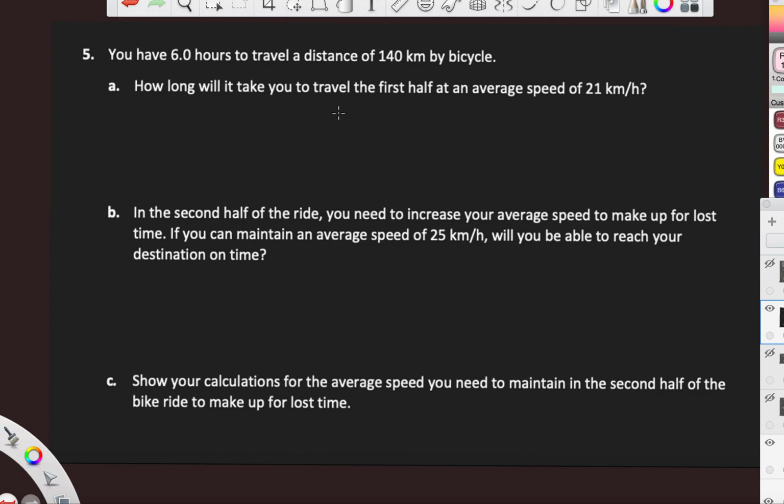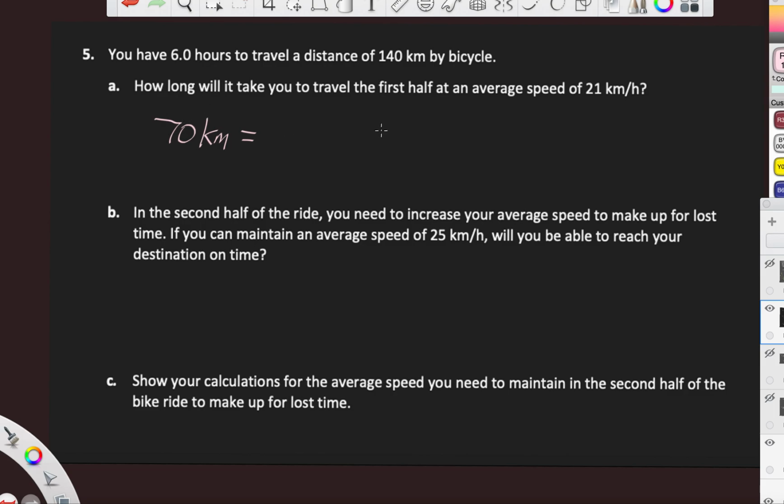So I sort of did this a little bit differently in class, and I messed up, so I'm going to fix it right now. How long will it take you to travel the first half? Well, the first half is 70 kilometers, right?